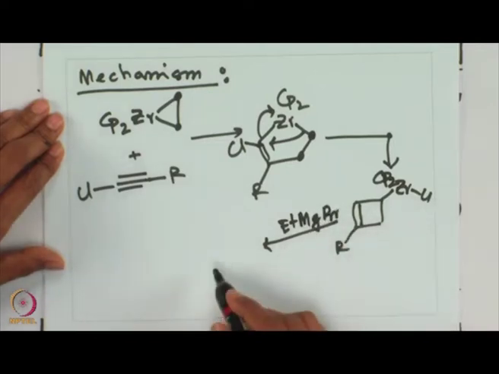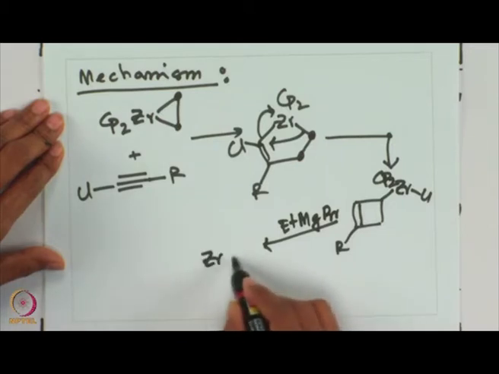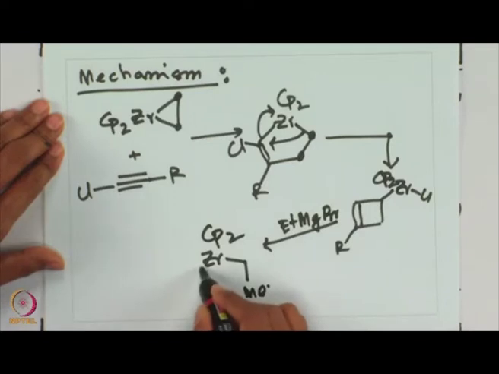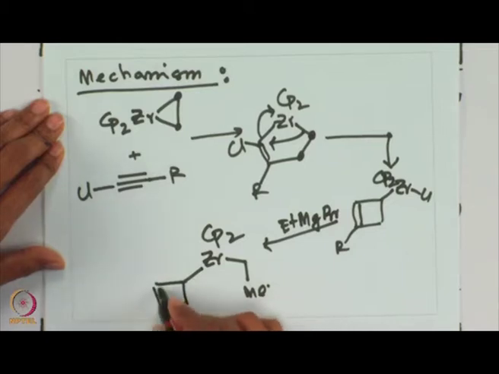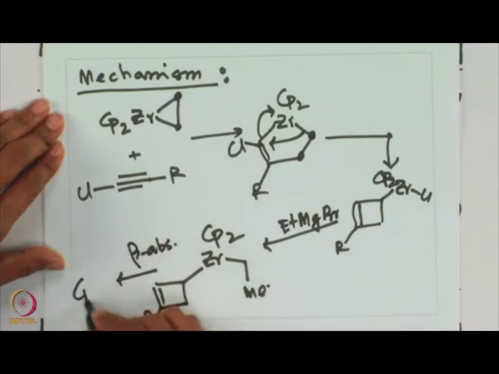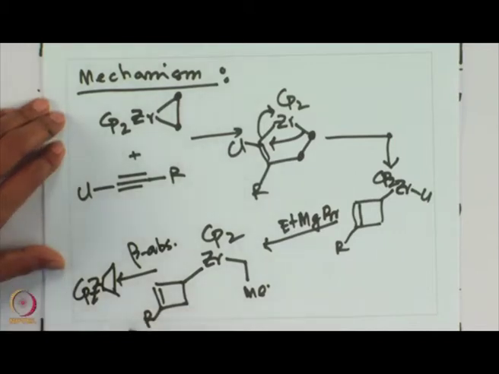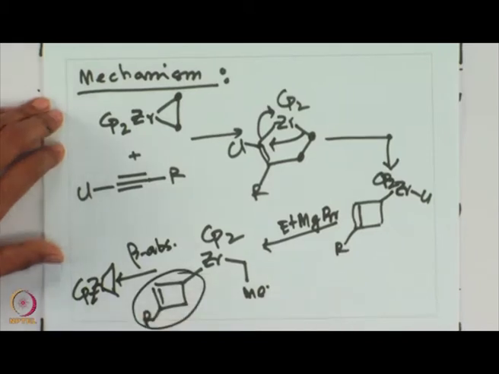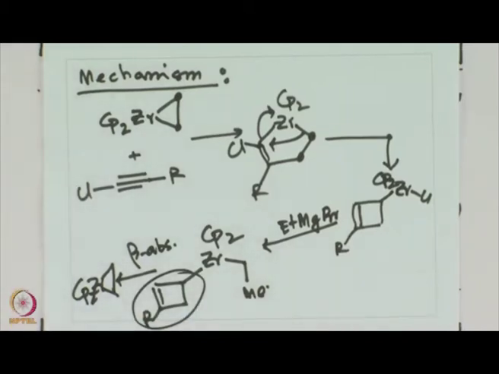Again MgBrCl will go out, zirconium alkyl intermediate coming into the picture, and from there on we will see that beta abstraction will take place overall to give rise to the final product, the zirconocene 3-membered ring along with the cyclobutene formation. So, this part will give you the cyclobutene formation.